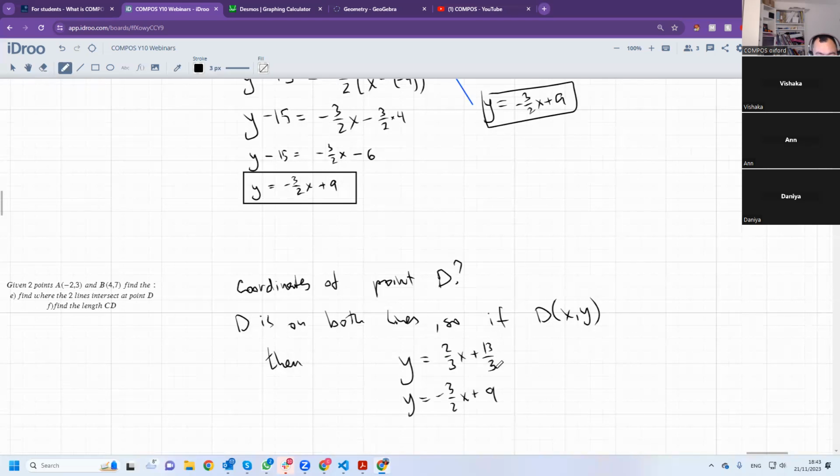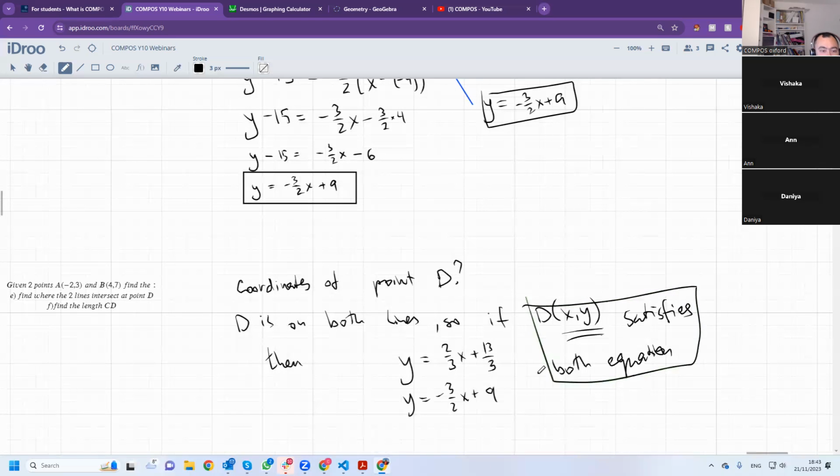So this x and y satisfies both equations. D satisfies both equations. All right.